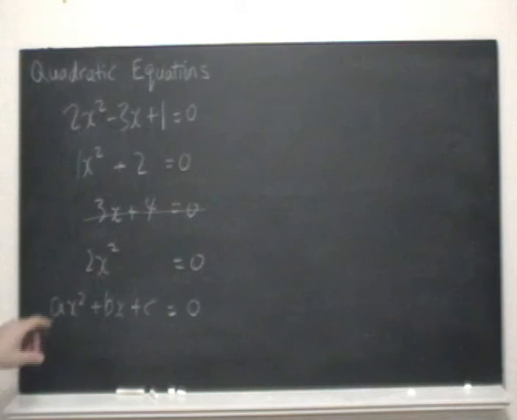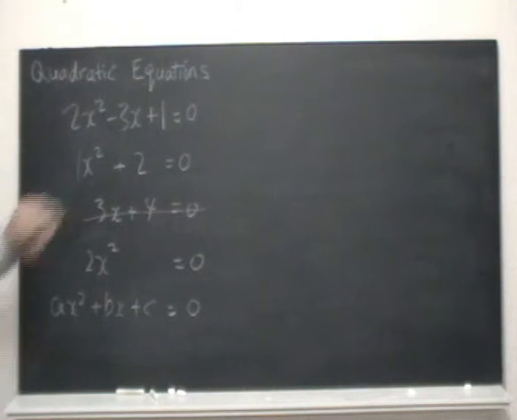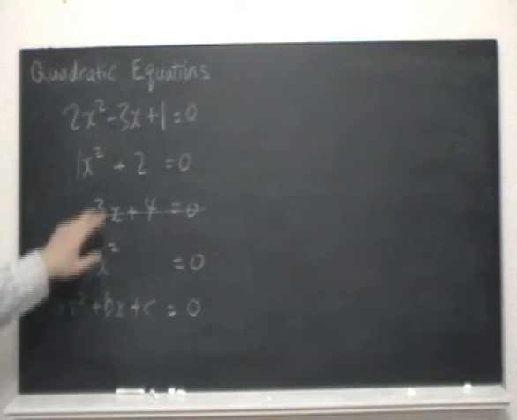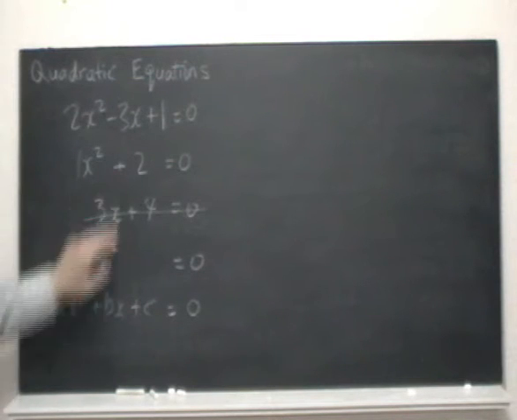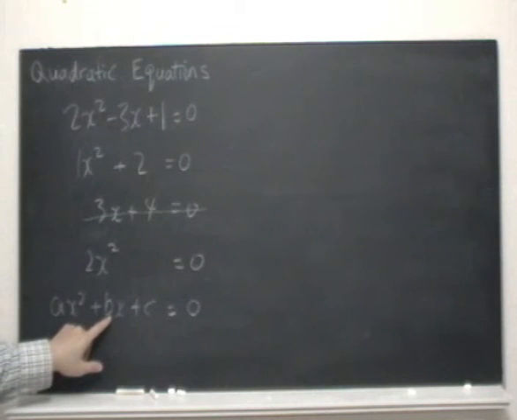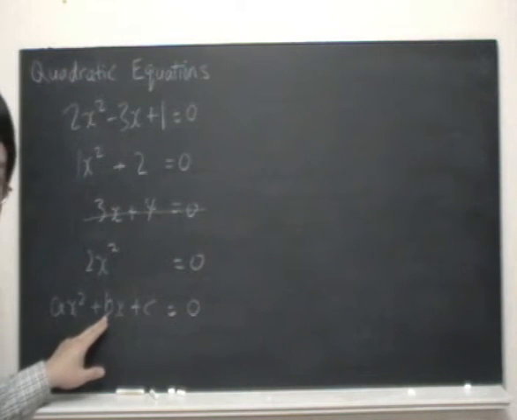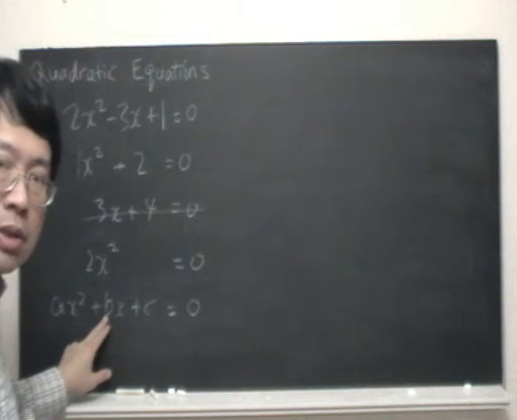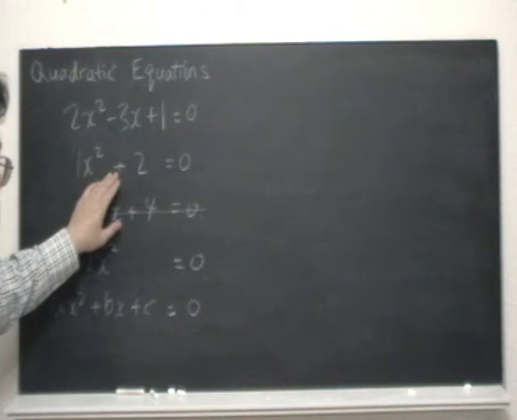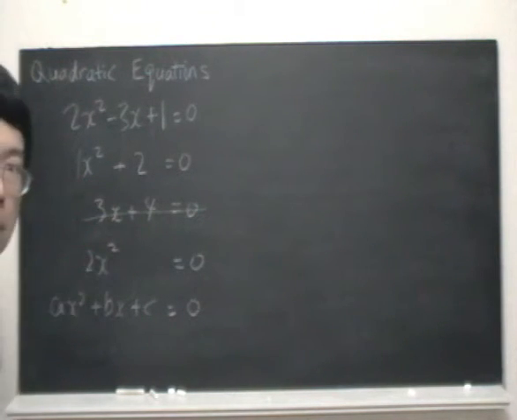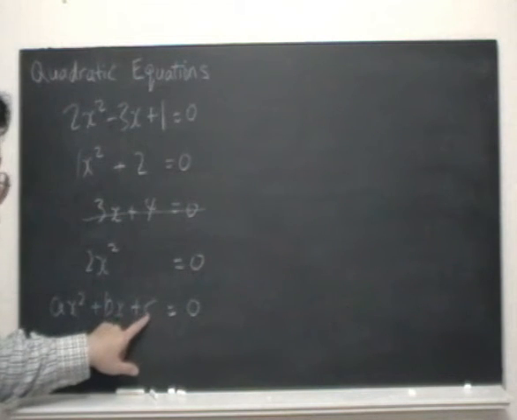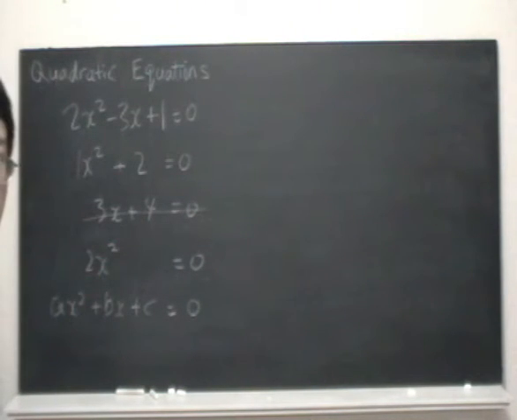So the a is 1 in this equation. Now there is no term in x. That just means that in the bx, the b is 0, because 0 times x is 0. That's why there's no x. And then c would be the 2.